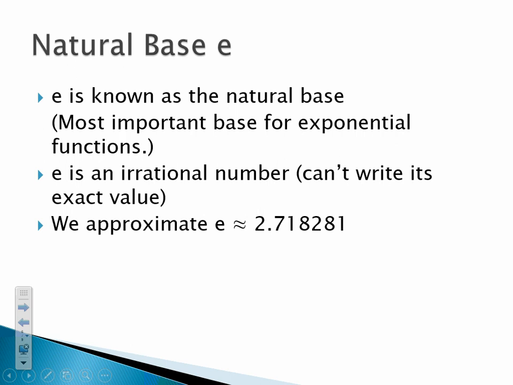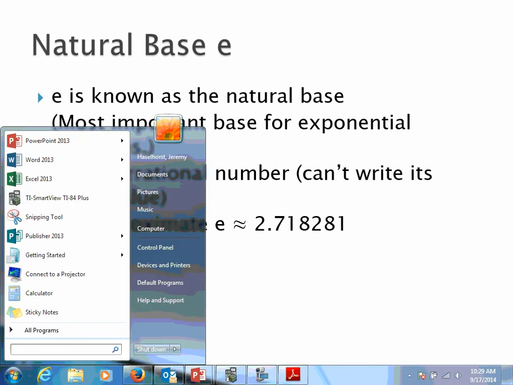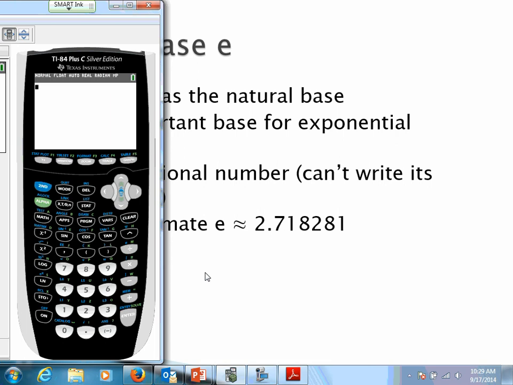Now, if you have your calculators handy, go ahead and pull those out. And I'm going to pull up my graphing calculator as well. And we want to point out where the natural number is on our graphing calculator. Now, if you read the first slide, a lot of the tests and quizzes we've taken to this point in the year have been non-calculator. Okay?